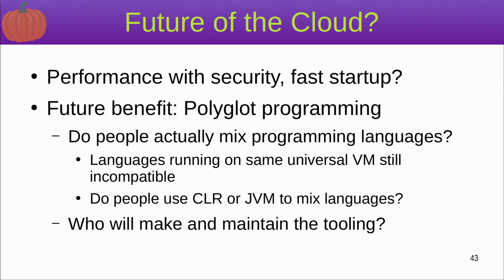They say if you're going to program in Scala, just code entirely in Scala. The Java is available, but it's not something people actually want to do. So it's not clear whether mixing Python and C# or Java in one VM is something people will actually want to do. And of course, there's the issue of who's going to maintain this tooling for compiling to WebAssembly again.